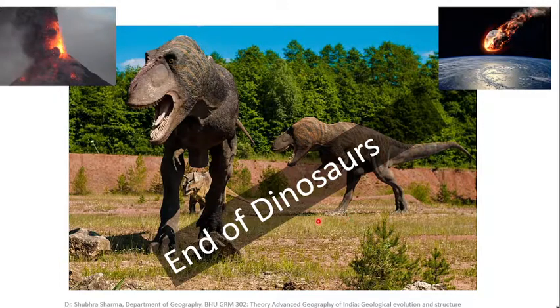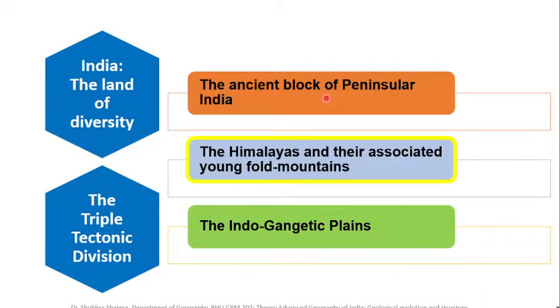It is suggested that dinosaurs actually suffered a double punch from geology, both in the form of large scale volcanism and meteoritic bombardment, that wiped them off completely after 65 to 66 million years ago. We don't find any dinosaur fossils younger than 65 to 66 million years, suggesting that they became completely extinct.